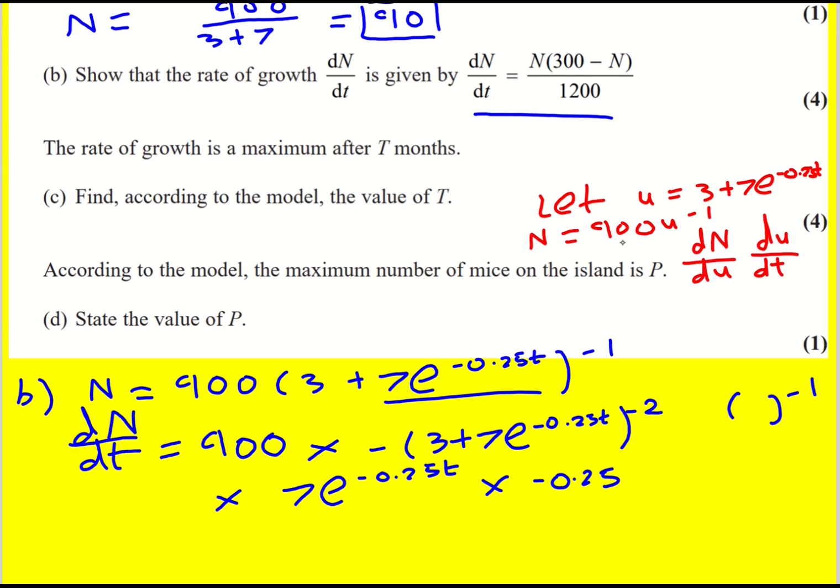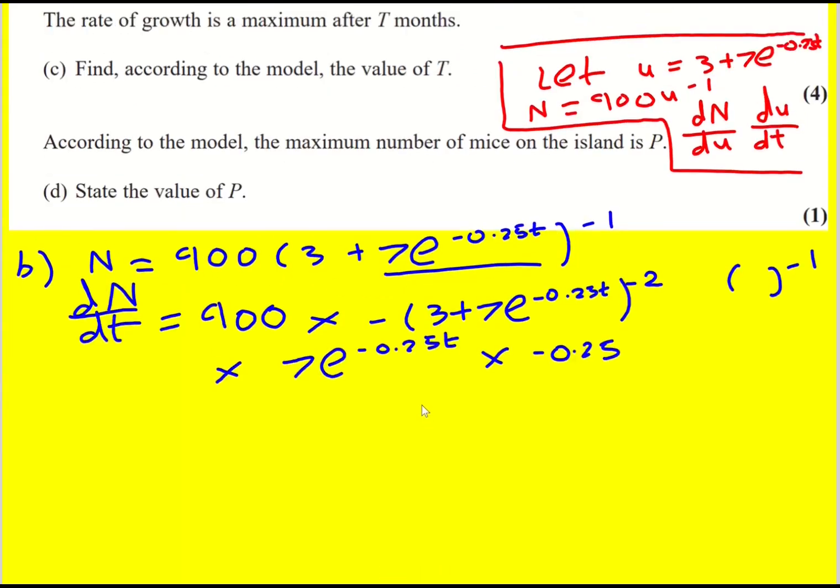So dn by du is exactly what we got here, because when you put it back in for u, you'll get that 3 plus etc. back. And then the du by dt is exactly the inside. So that's why I'd say practice the inside-outside version. It's just a bit quicker. But if you prefer, of course, use the substitution. I'm not going to say definitely don't do that.